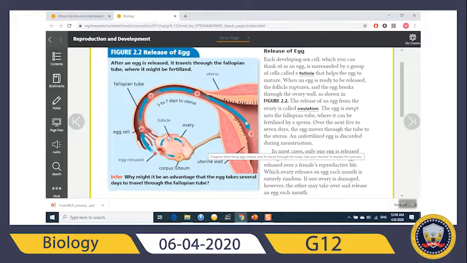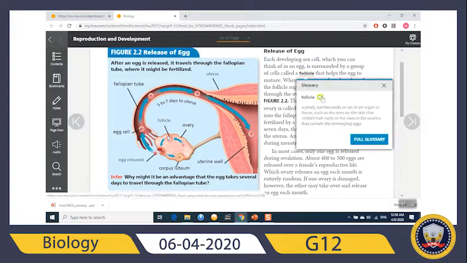So at the beginning, inside the ovary, the egg will be enveloped by a group of cells we call a follicle. This follicle is a small narrow cavity or sac in an organ or tissue, such as the ones on the skin that contain hair roots or the ones in the ovaries that contain the developing eggs. Good.